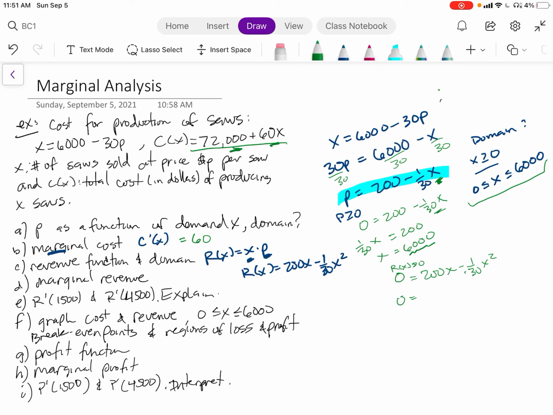So factor out an x: 200 minus 1/30 x. Why would I do that? Because now x equals 0 is one solution, or all that equals 0. Technically we should be factoring, so that's why. Multiplied by 30, again we get 6,000. So that domain doesn't change. That kind of makes sense.